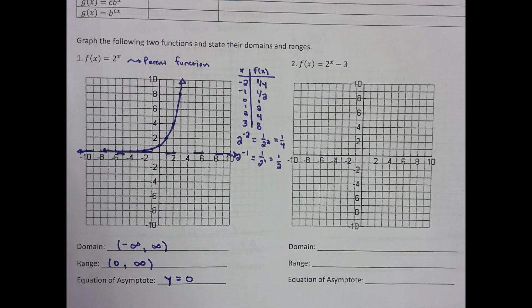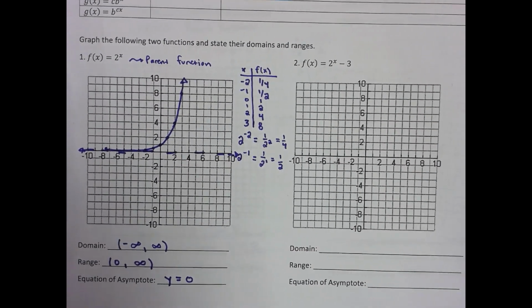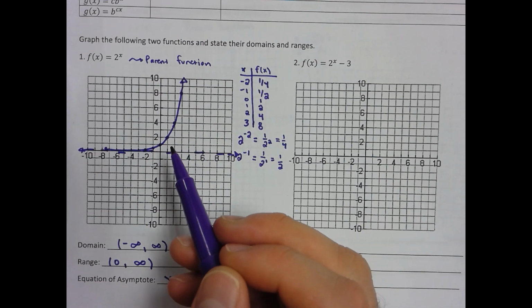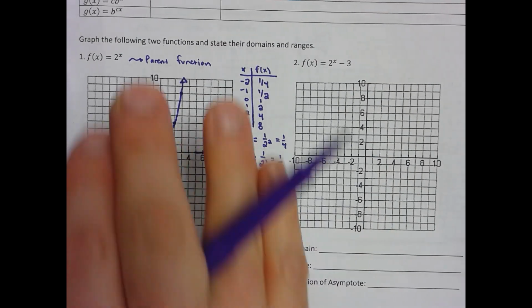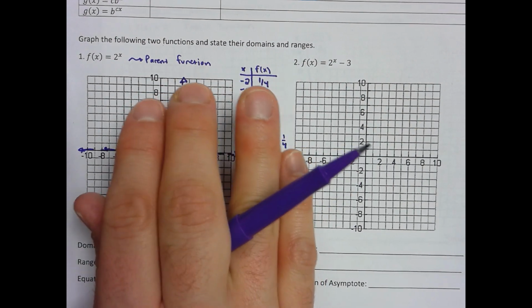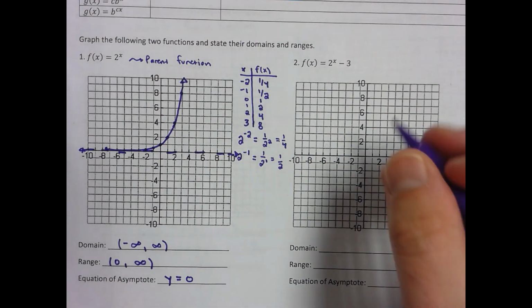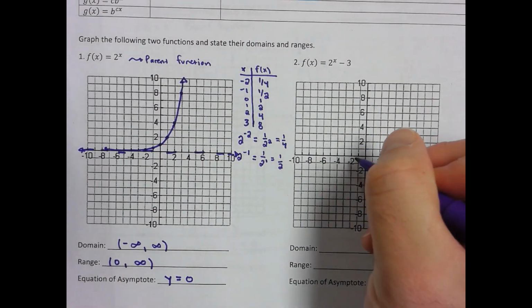All right, so here's how we're going to graph transformed functions. We're actually going to copy down the parent function. Even though we have it over here, you are going to get an assignment where there isn't a place for you to graph the parent graph. So we're going to do that on the same graph itself. So I'm going to plot this parent function, just the same thing I had before.